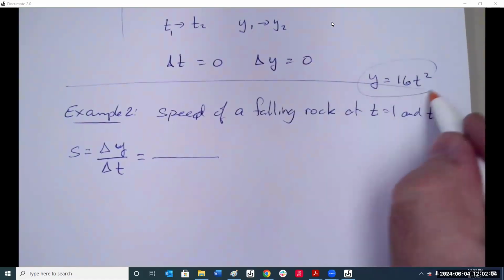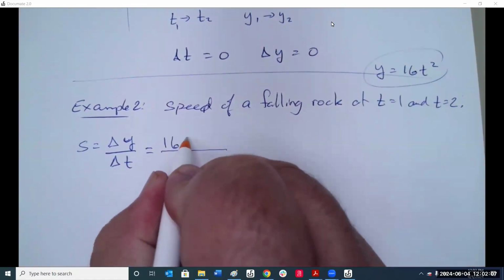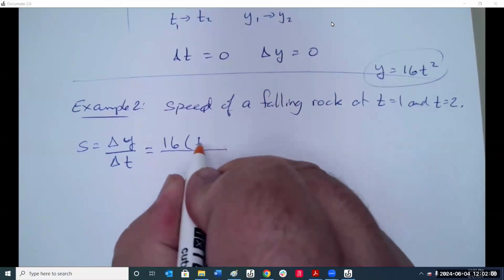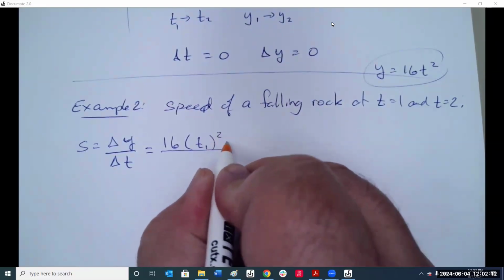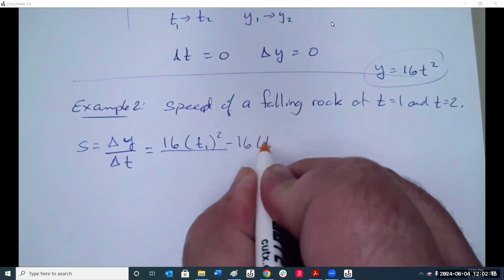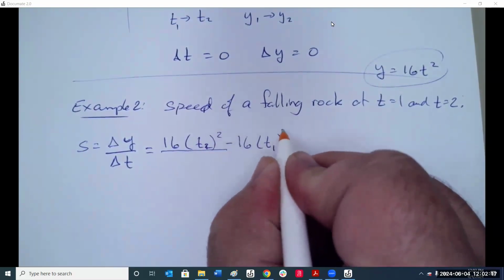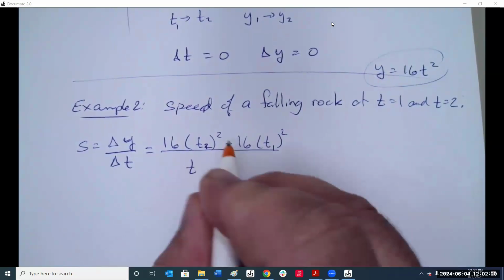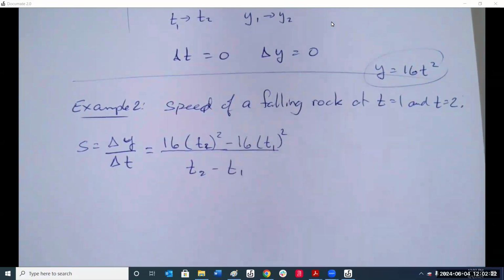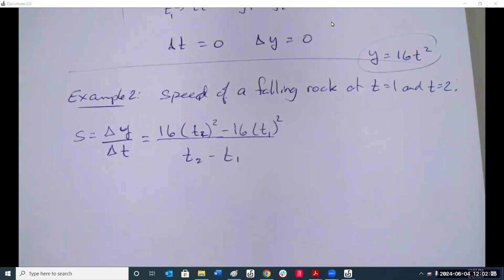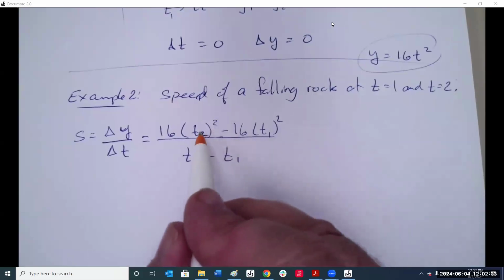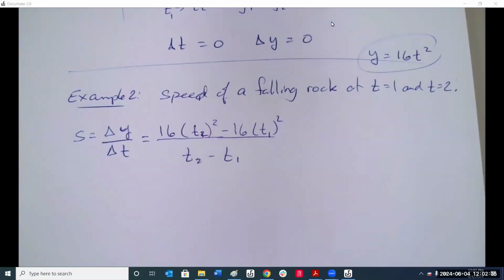And that's what we're going to use. So we have 16 T1 squared minus 16, oops, T2, I'm sorry, and that's T1 squared. Let's look at what this means now, because now we have to find the speed of an object, we cannot have two separate values.